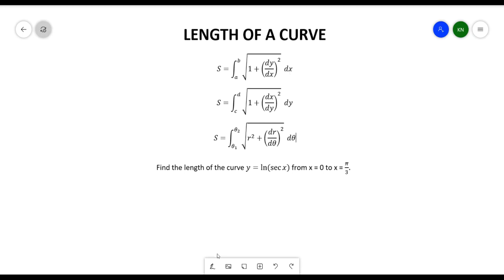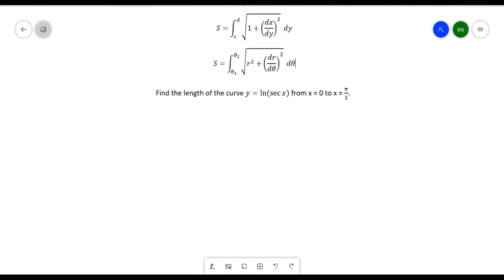So the first thing that we need to do here is to find the derivative of our function, which is ln of secant x. So doing that, we have y equals ln of secant x, in which we know that in order for us to find dy over dx, the derivative of ln secant x has the denominator u, which is the secant x.